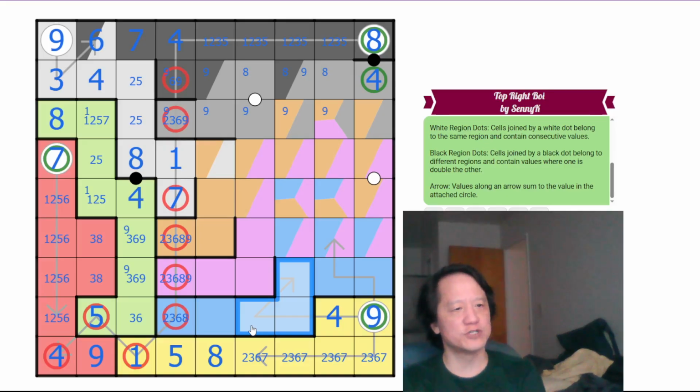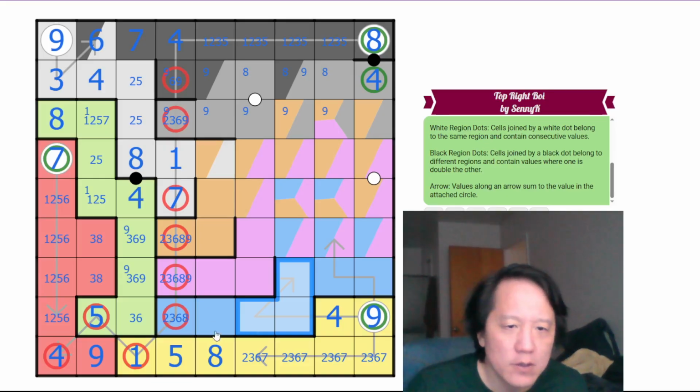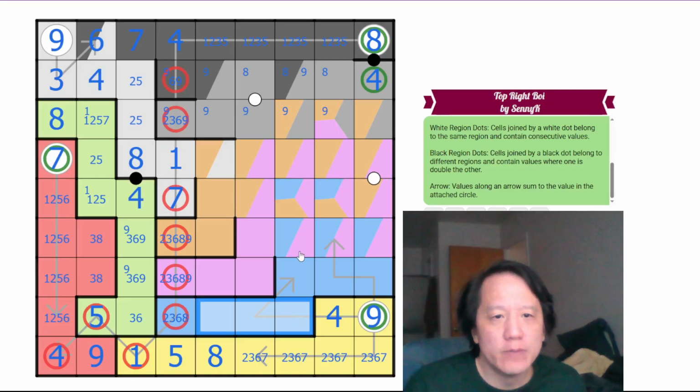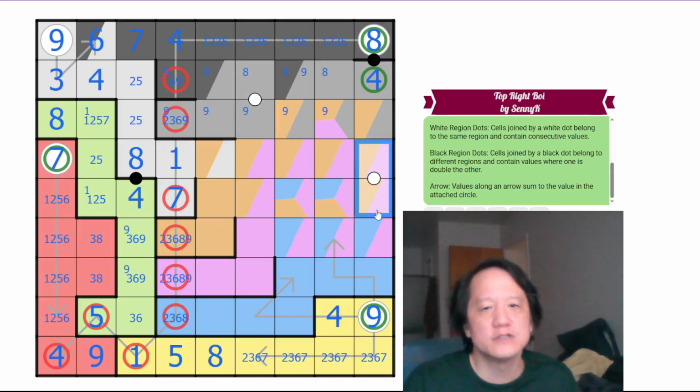Not that many restrictions, though, unfortunately. Let's see. Really, we just have this information and these pairs.